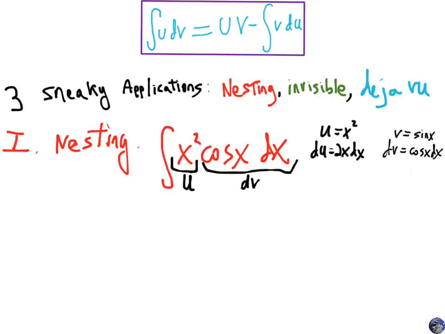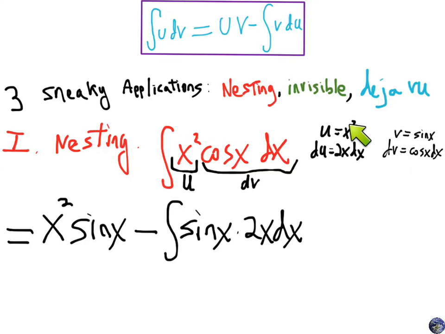That's equal to u times v, which is x squared sine x, minus the integral of v, which is sine x, du, and the du is 2x dx.